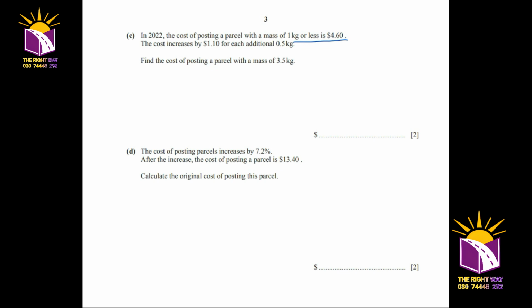So for 3.5 kg, for the first kg, it will be $4.60. And the remaining, how many remaining kgs? 2.5 kgs. So 2.5 divided by 0.5, because for every 0.5 kg you get $1.10 extra. Dividing 2.5 by 0.5 gives me 5. So 5 half kgs are added.